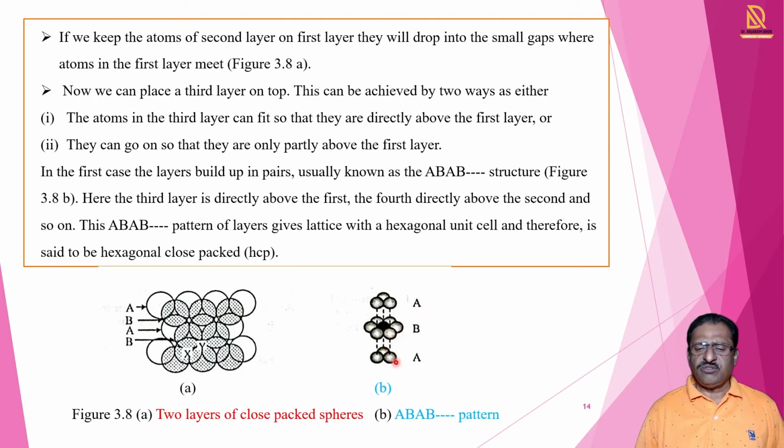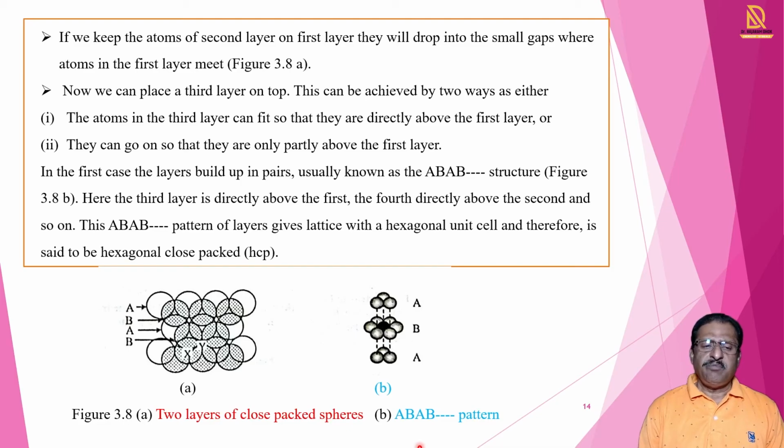We get the sequence of layers A, B, A, B, A, B, A, B, like that. That is shown in this figure B. Here the third layer is directly above the first, and the fourth layer directly above the second, and continuously so on we can use that sequence.